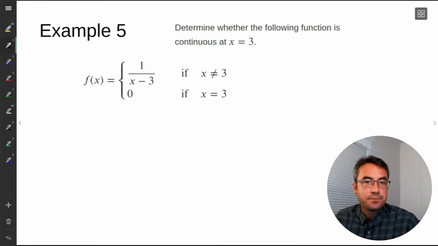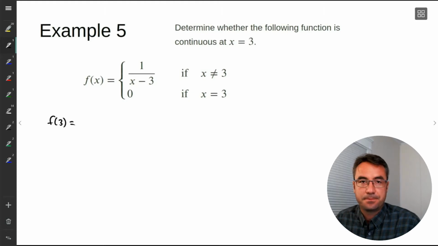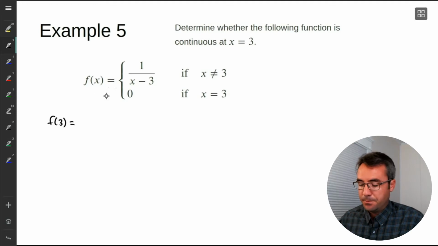Example 5. Given another function, we want to determine if this function is continuous at x equals 3. So again, start with the function value, f of 3. Now this is a piecewise function, so we're kind of given our pieces here. There's this x not equal to 3 piece, and then x equal to 3 piece.